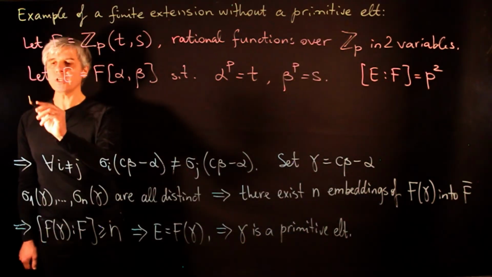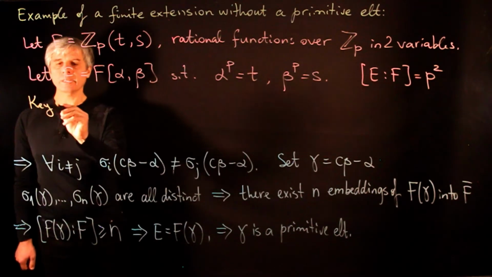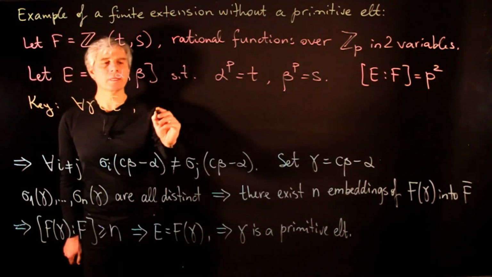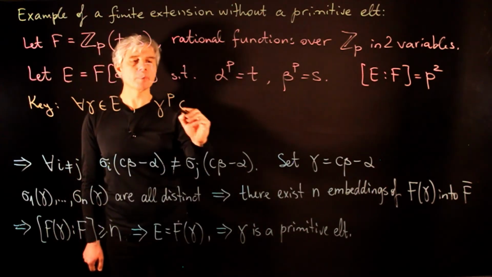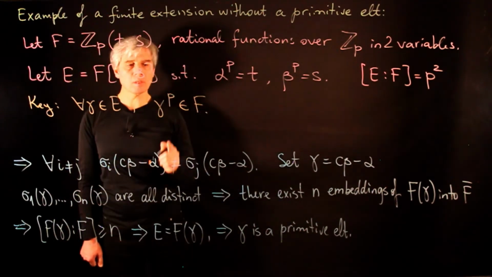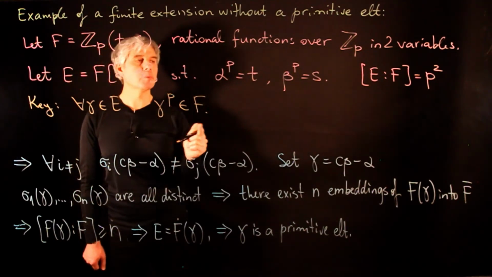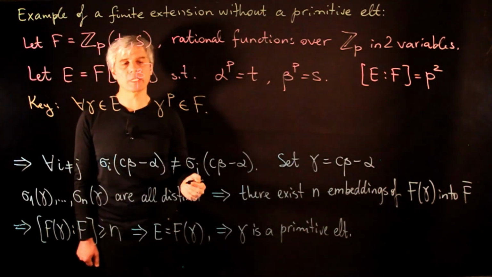The key observation for this example is that for every gamma in this field, gamma to the power of p belongs to F. This follows from the fact that raising to the power of p preserves addition and multiplication.